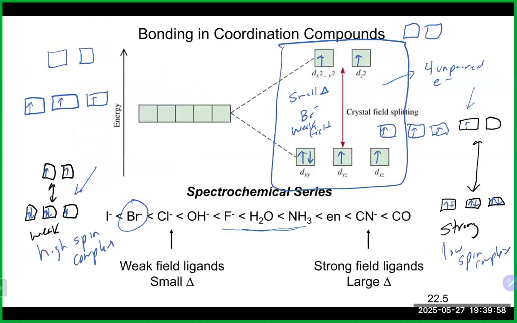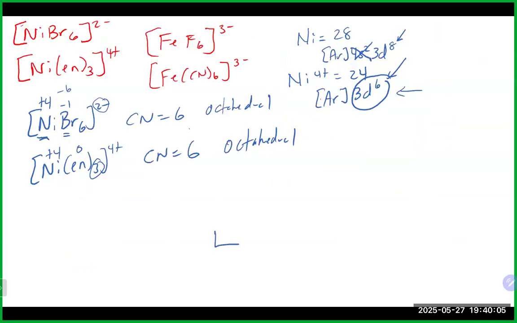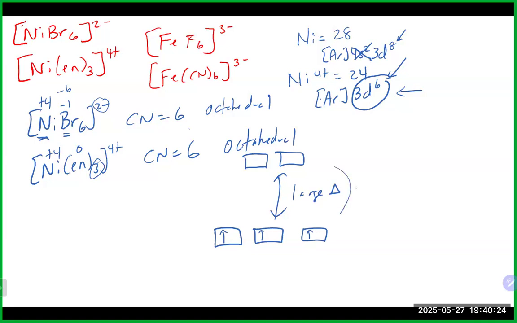The difference here is when we look at en, it's closer to a strong field, which means when we do our splitting of our 3 lower d orbitals and our 2 higher d orbitals, this is going to be a large splitting that's going to occur. The result of that is when we go to distribute our electrons, when we get down to here, it's going to decide, no thank you, because that's too big.